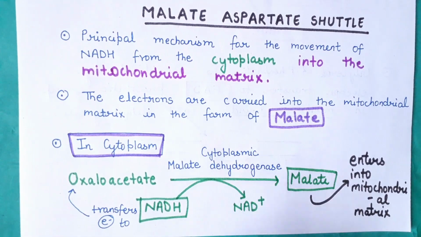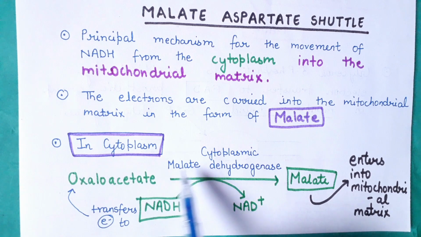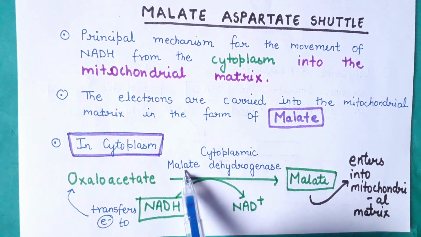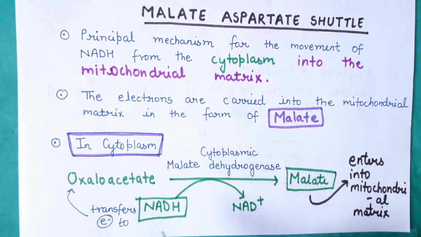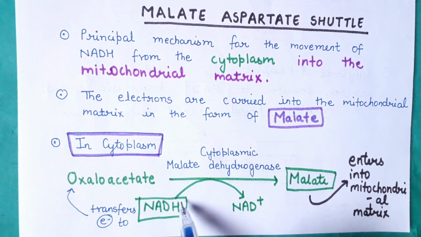Basically, what happens in the cytoplasm? In the cytoplasm, oxaloacetate gets converted into malate by the use of cytoplasmic malate dehydrogenase, and in this process NADH transfers its electrons to oxaloacetate and gets converted into NAD.